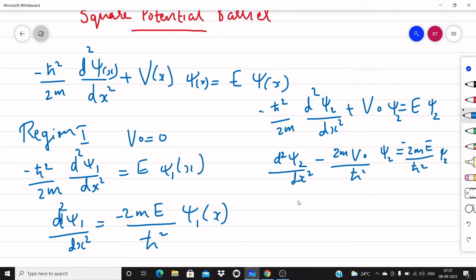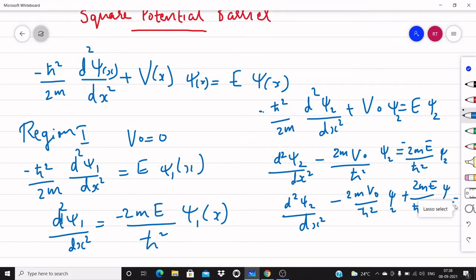Take this one to the left hand side, and when this term comes to the left hand side it will be positive. So d square psi 2 by dx square minus 2m V0 by h cut square psi 2 plus 2m E by h cut square psi 2 is equal to 0.